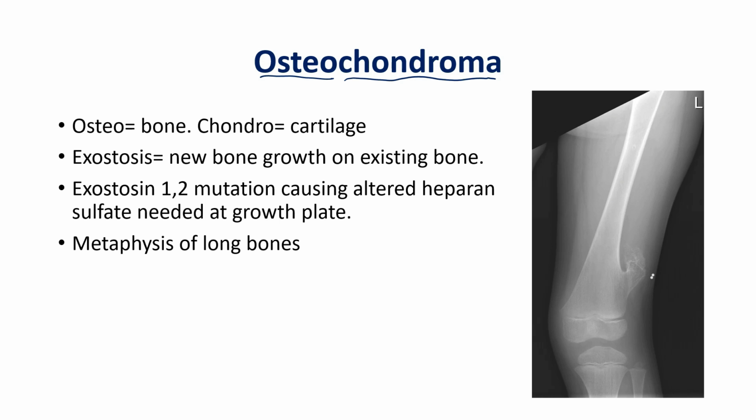So osteo refers to bone, and then chondro refers to cartilage. So this is going to be a type of benign bone tumor where you have something called an exostosis. And an exostosis, all that really means is that you're having new bone growth on existing bone. For example, in this picture shown over here, this is an exostosis.